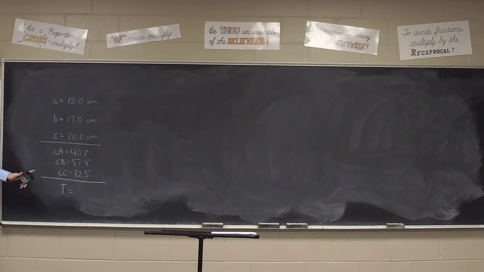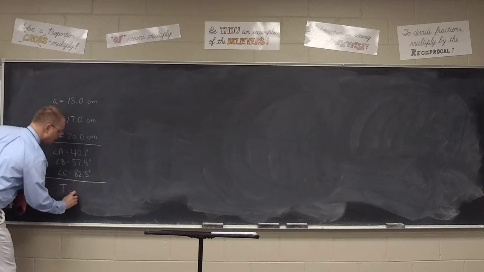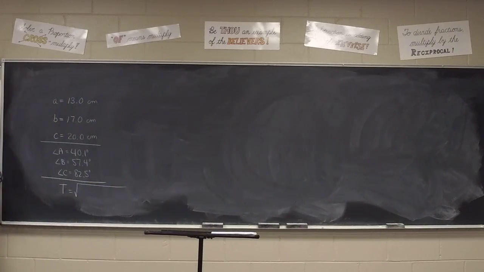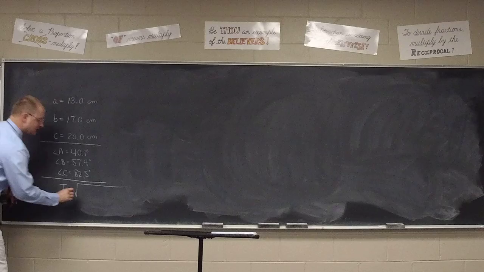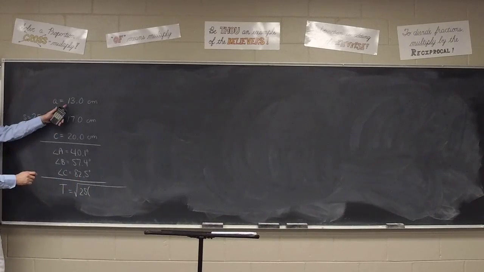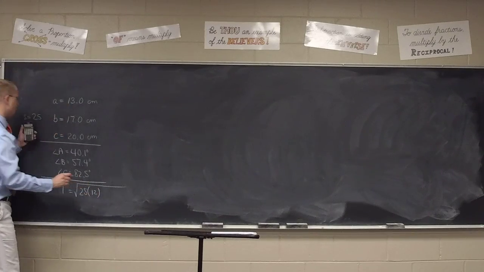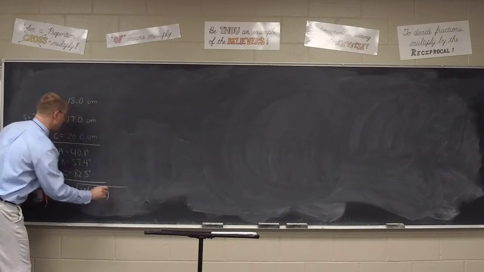For the area, before I can calculate the area using Heron's formula, I'm going to need to first calculate the half perimeter, or the semi-perimeter. What is the semi-perimeter, class? 25. That worked out really nicely. So I'm going to take the square root of 25 times 12 times 8 times 5.